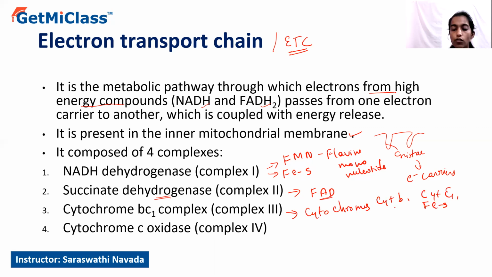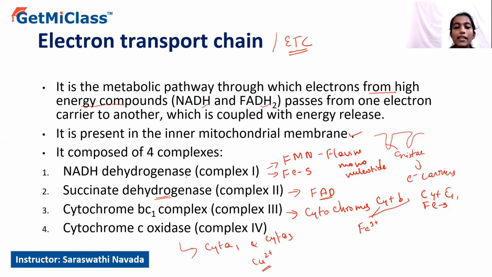And these cytochromes have the ferrous ion or the ferric ion as a metal center. Next, the fourth complex is cytochrome C oxidase. It is made up of 2 cytochromes, cytochrome A1 and cytochrome A3, and these cytochromes have copper as a metal center. It is also called complex 4.